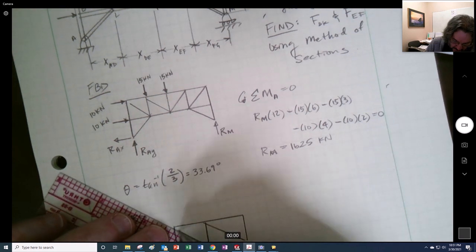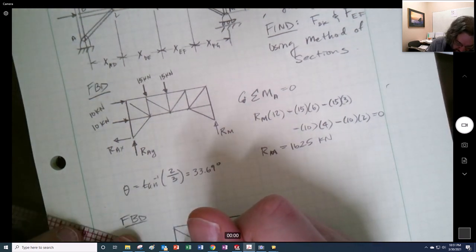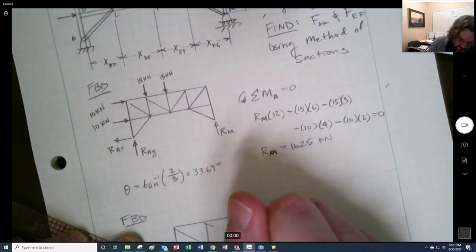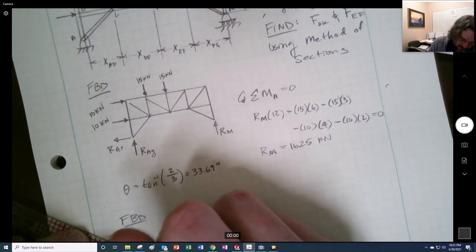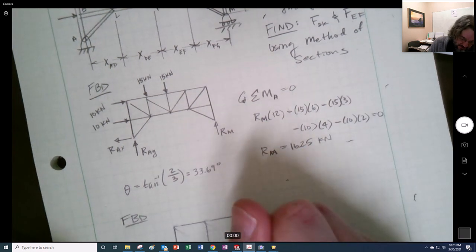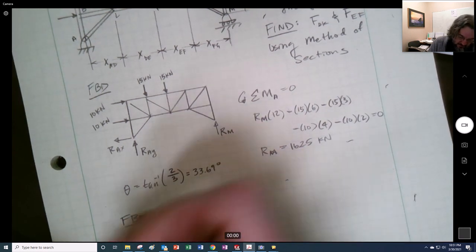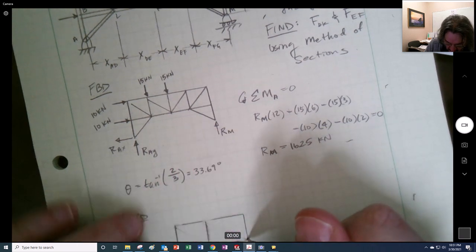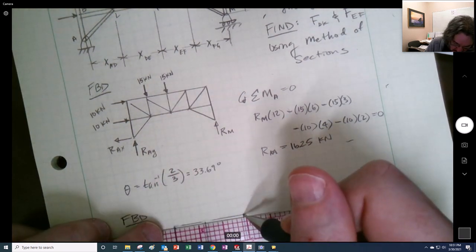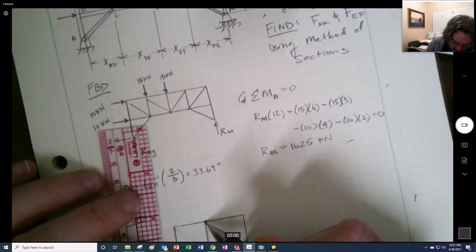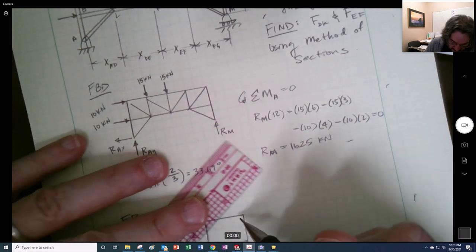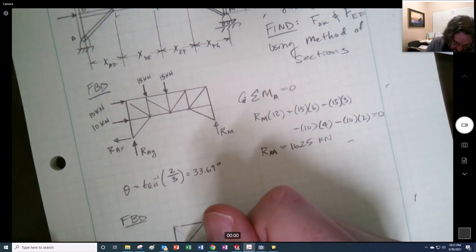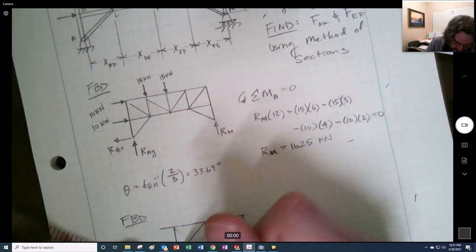Right here, and oh, I drew the diagonals wrong. Whoopsie daisies. Like that. Okay. And then our forces coming out there and not there.